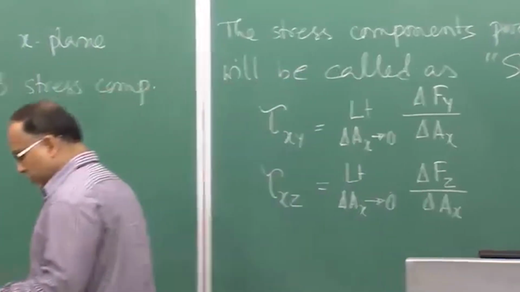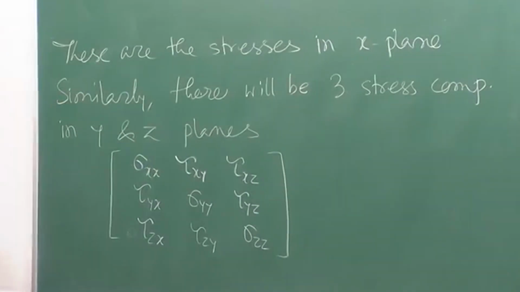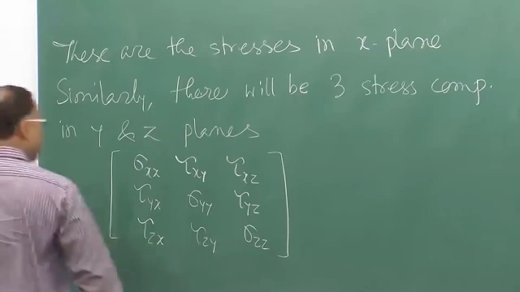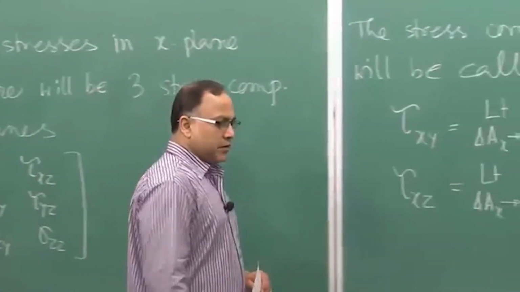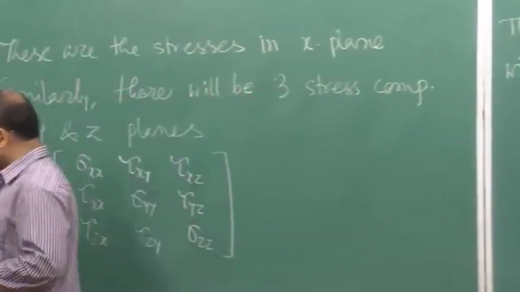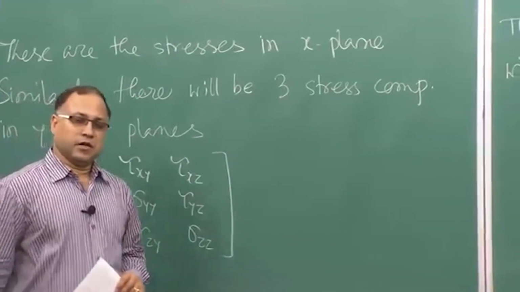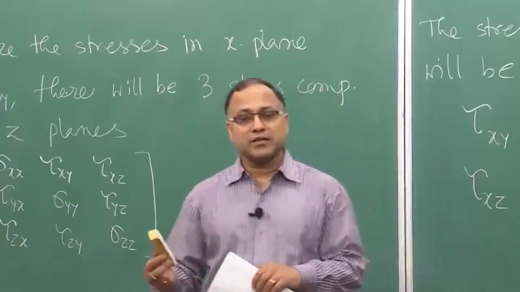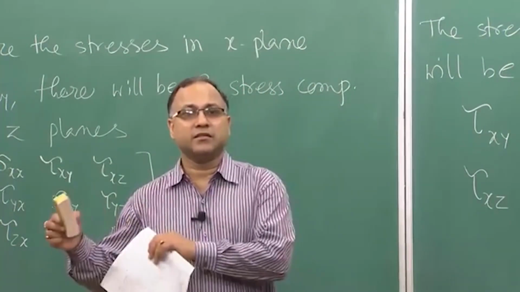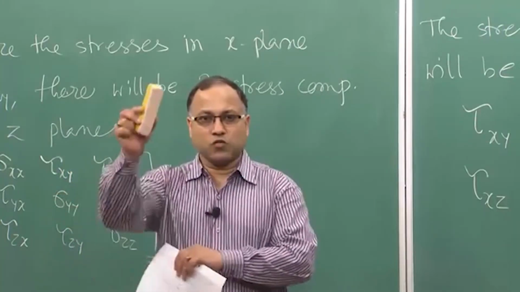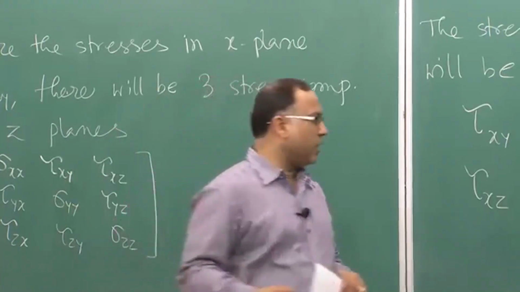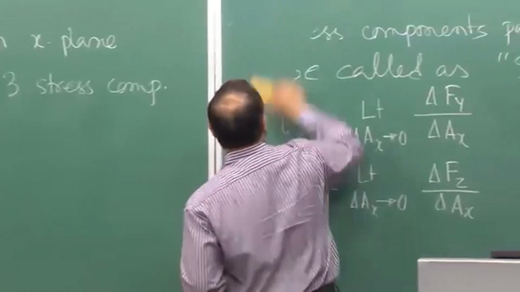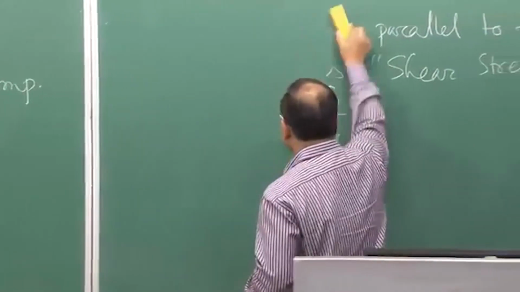Okay. So, now with this discussion, if we define the x axis as 1 axis, y axis as 2 axis, and z axis as 3 axis, a 1, 2, 3 axis system, then that will give me the stress components like this.